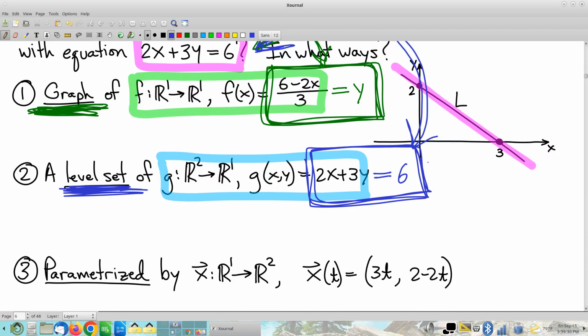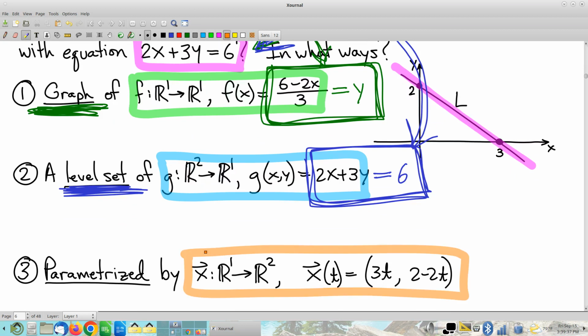Last observation I'll make is that there is this third function down here, and this function right here parameterizes our line. By the way, how I came up with this parameterization is kind of a chapter 1 exercise.